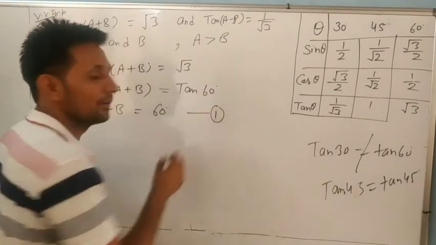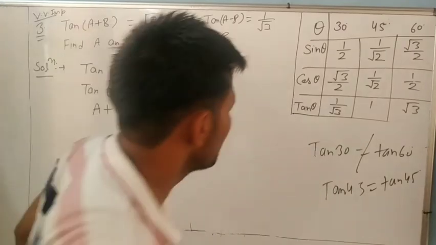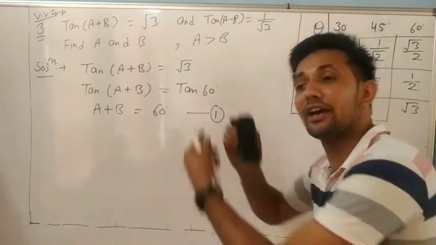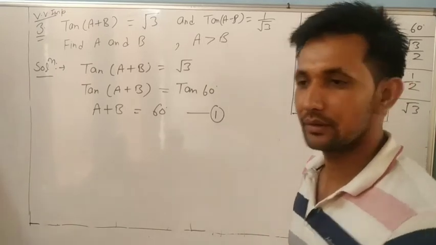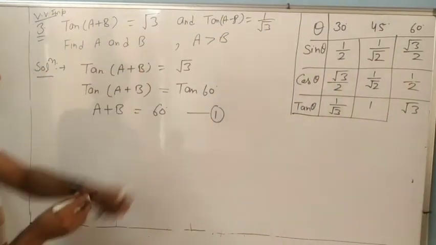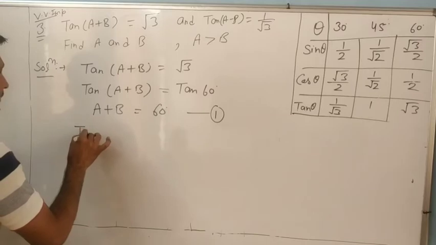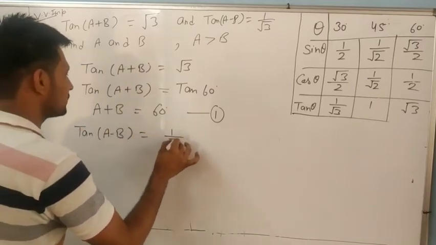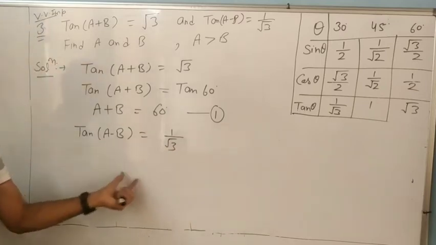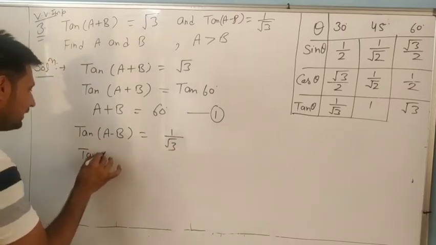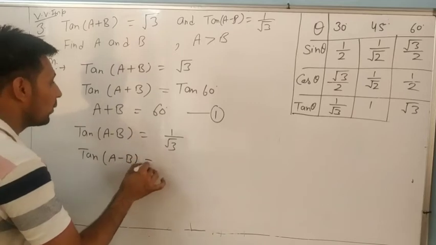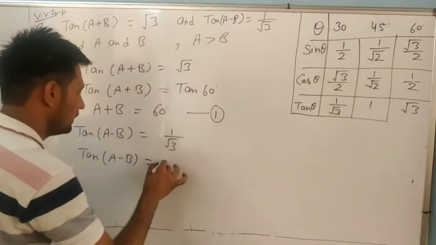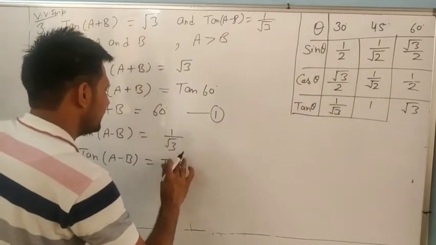Equation number 1. Here we will also use the third chapter dear. Look, now the second equation, tan(a minus b) equal to 1 upon root 3. Again we write in tan form on both sides. A minus b, 1 upon root 3 whose value is tan 30 dear.